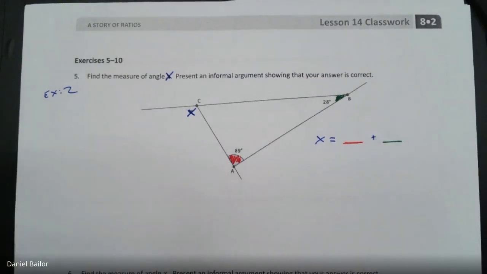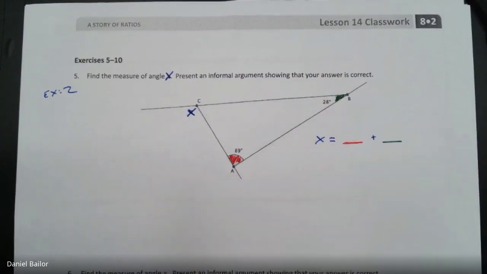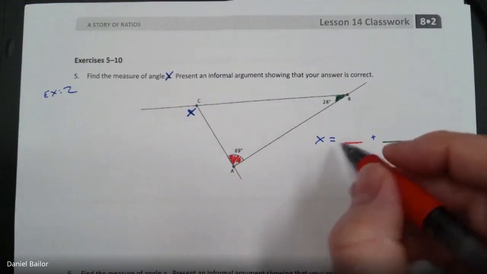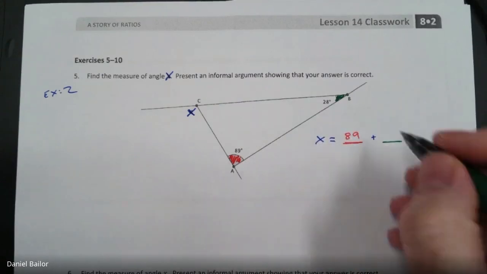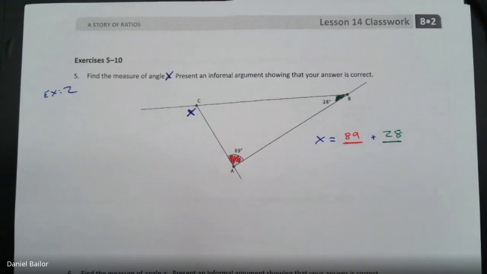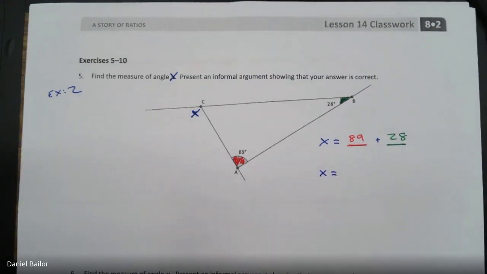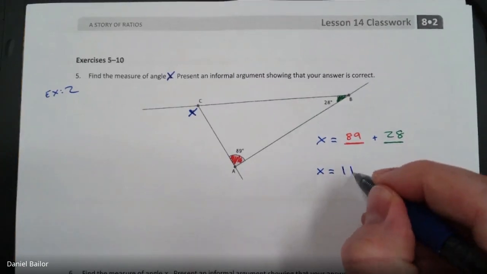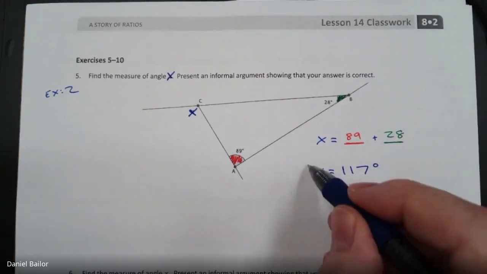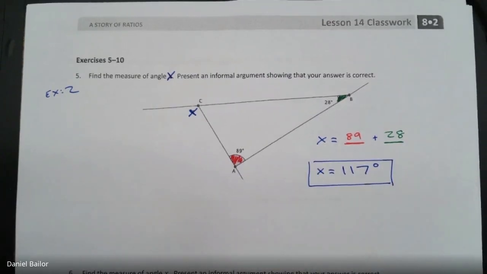That's my shortcut. The outside is equal to the 2 far away inside ones. They gave me the red, which is 89. They gave me the green, which is 28. So to find x, all I have to do is add them together. And I believe that is 117 degrees. X is going to be 117 degrees. That's it. That's the shortcut.